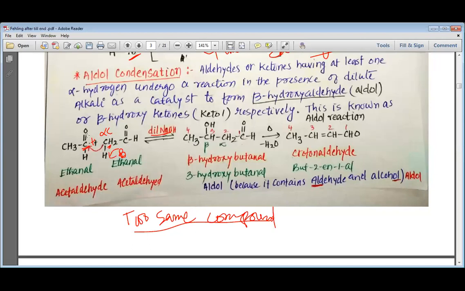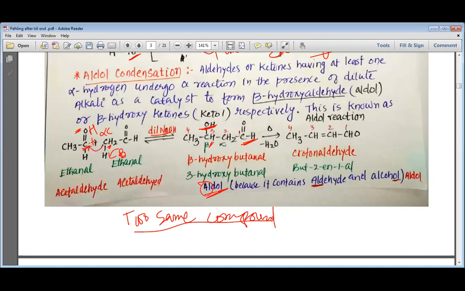There will be a positive charge on the carbonyl carbon, and that is why this carbon easily attacks on this. This oxygen, which is having a negative charge, takes hydrogen and it turns into the hydroxyl group here. You can easily understand. And due to this, we get a product which has both the aldehyde group and the hydroxyl group present, and that is why we call it aldol.